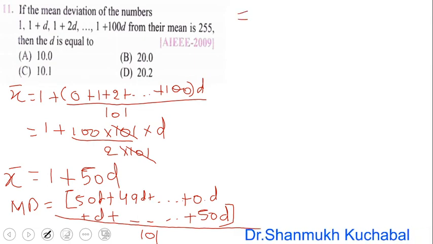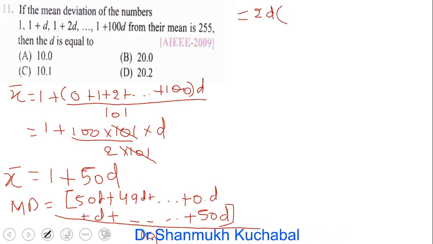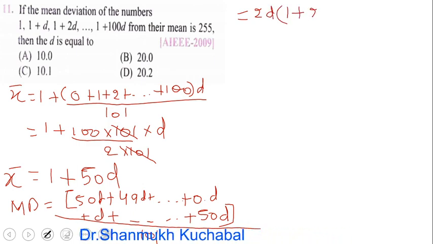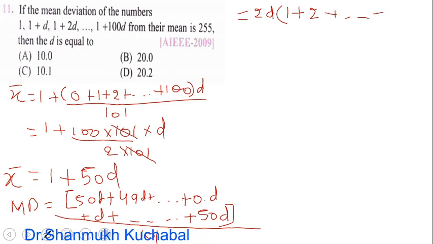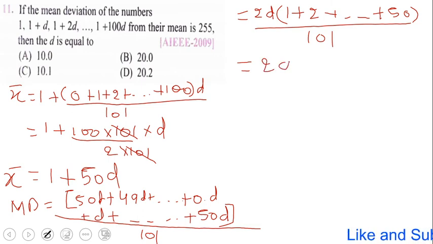So simplifying this, we take 2d as common here, so we get 1 plus 2 plus up to 50, whole divided by 101 here.